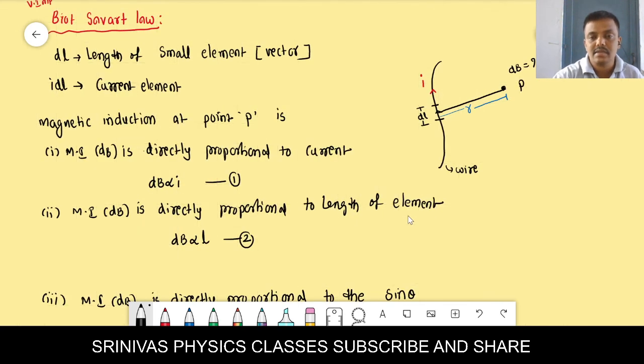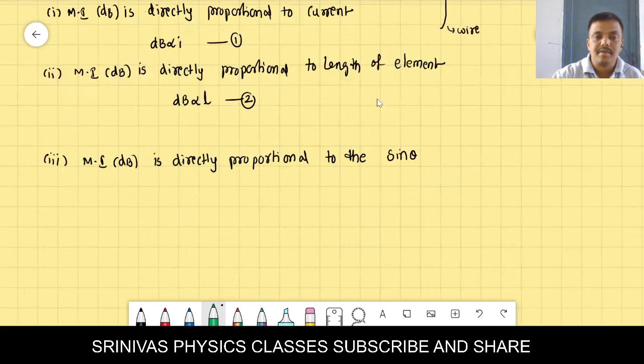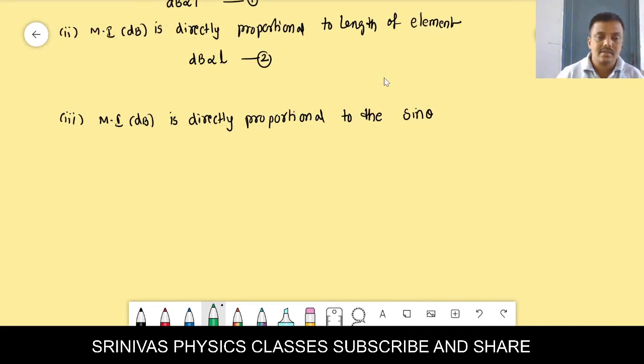You see here, the element length is dl. That dl is making some angle with the r. This angle is called theta. Theta is the angle between dl and r bar. Here we write like this: the magnetic induction dB due to the small element is directly proportional to the sine of the angle. This is equation 3, right?